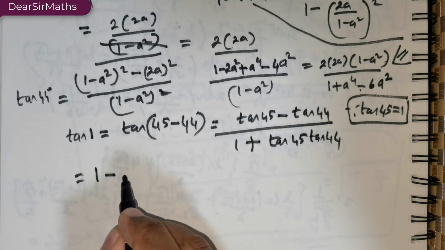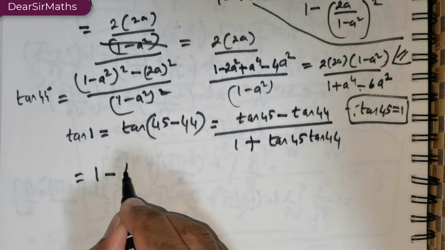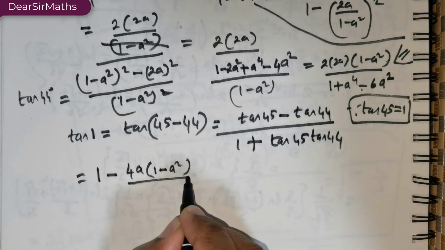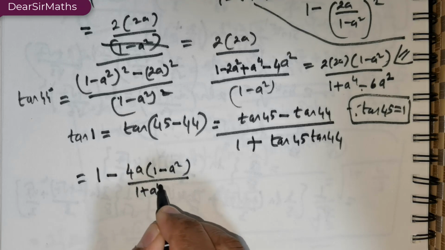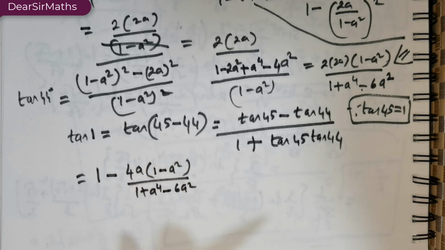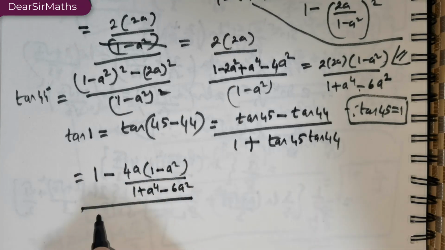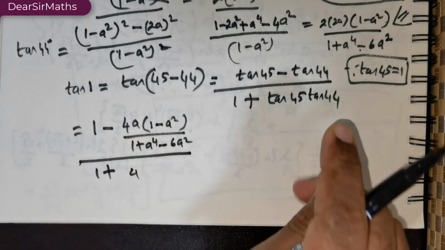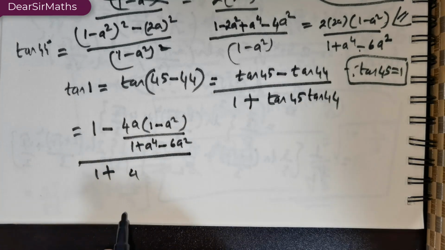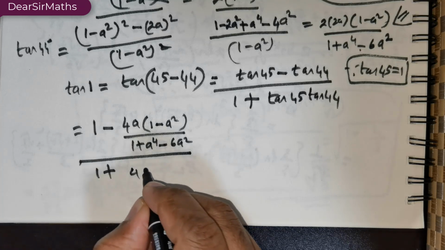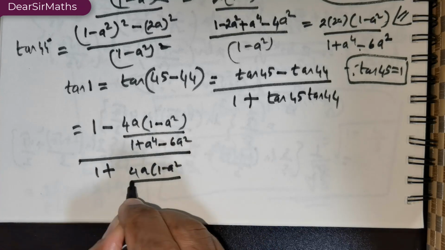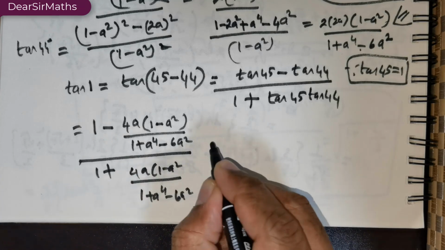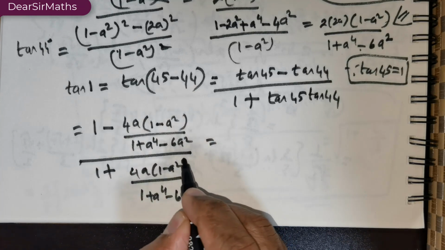Substitute that value. So 2 times 2A is going to be 4A times (1 - A²) over (1 + A⁴ - 6A²) divided by (1 + tan 45 times tan 44). Tan 45 is 1, so this gets only the value of tan 44, which is 4A(1 - A²) divided by (1 + A⁴ - 6A²). Now you can very well take the LCM.